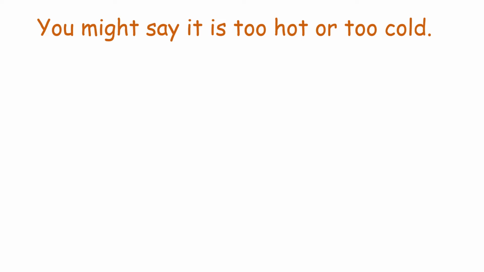As I said in the previous slide, we have two ways to describe the weather. Let's start with the first way. You might say it's too hot or too cold. Now look at these pictures, okay?